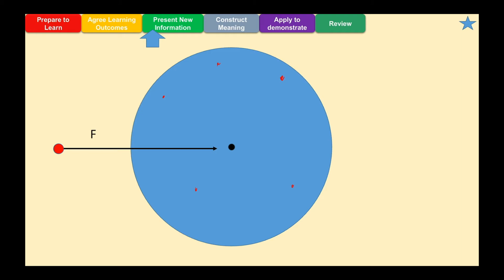So here, you now don't just have force from mass pulling you in a single direction. You've still got a force pulling you towards the center, and the overall force will end up being there.